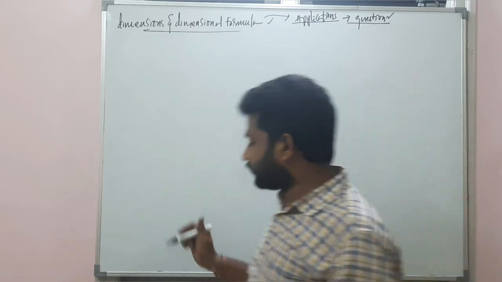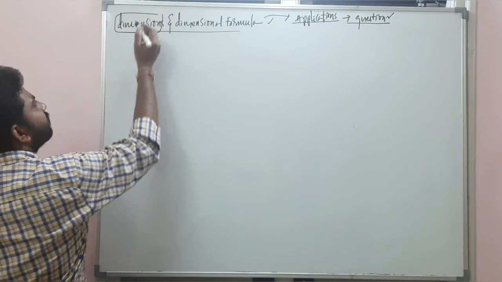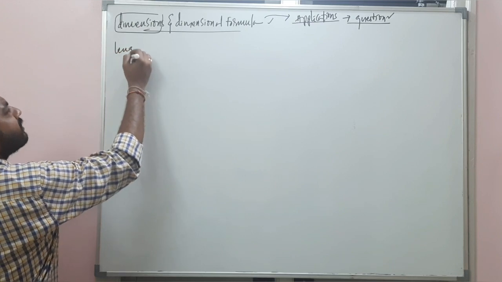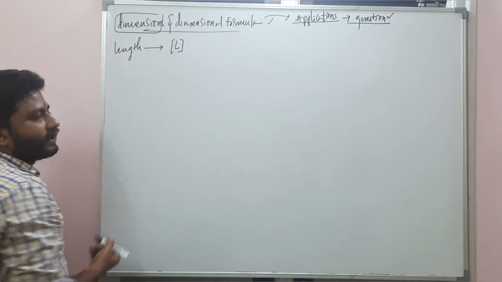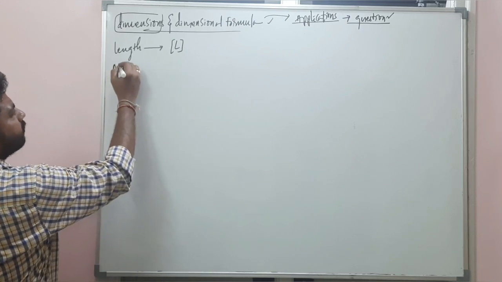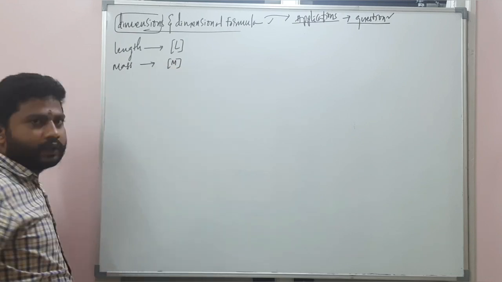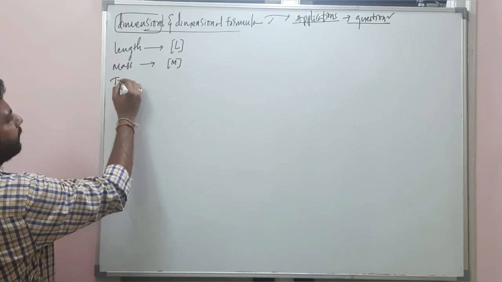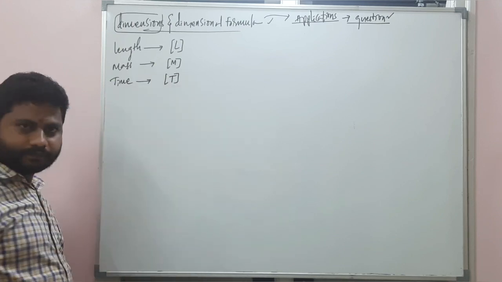Okay? Now, what is a dimension? Before moving to that, you know the dimensions of length. It's L in square brackets. Dimensions of mass, it's M in square brackets. And dimensions of time, it's T in square brackets.